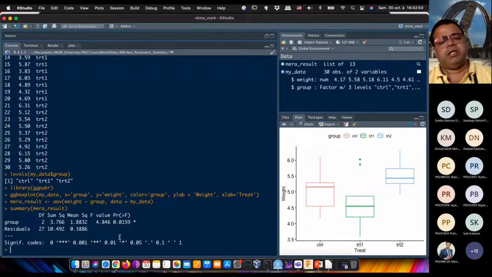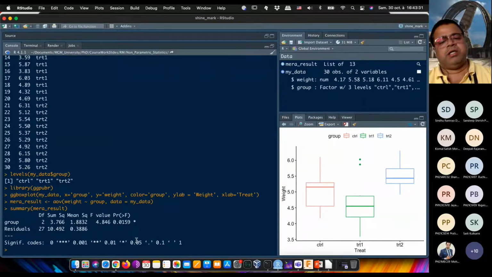Okay, now tell me, agar mera 0.05 p value hai, what does it tell me? 0.05 mera p value, yahan pe kaun sa value diya hua hai? 0.01. Kam hai ki zyada hai? 0.01 is smaller than 0.05, and therefore what is happening?